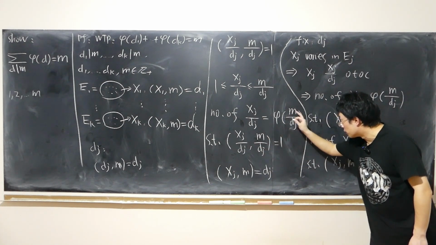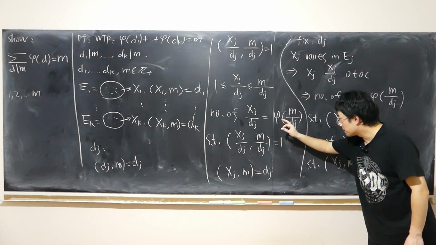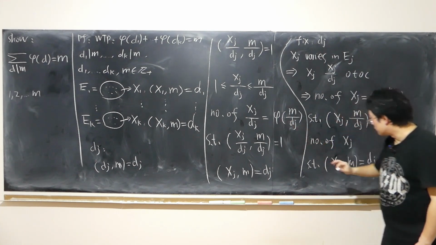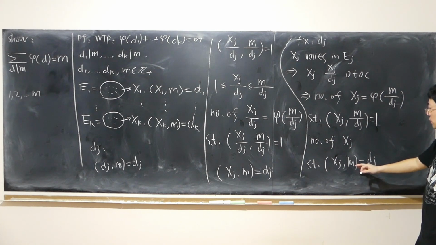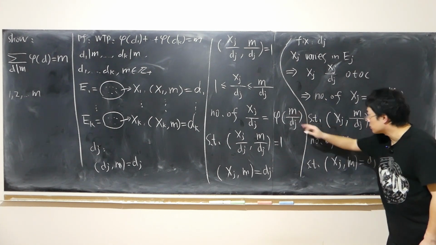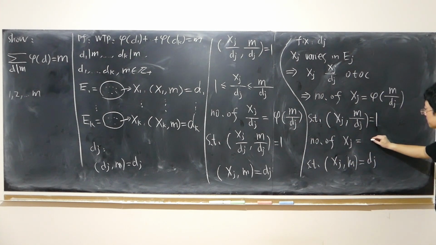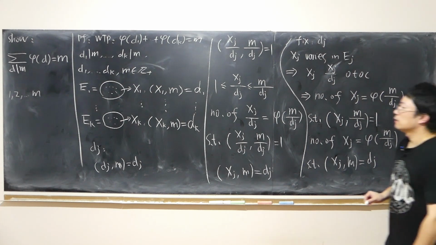There are this many of them. So this is before I divide by dj. How many of them? Must be also this number. Yes, phi of m over dj.